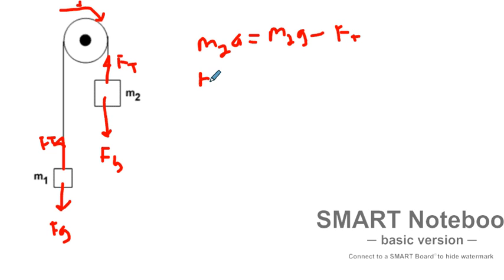And this one's going to be M1A for this box equals force tension minus M1 times G. All you gotta do is add both equations together. Your tension forces will cross off, and you can solve for the acceleration, which will be the same for both, and then plug back into either one of these equations in order to get the tension force's value.